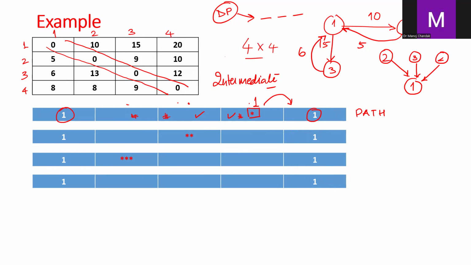Okay. And since I am using one of them, then once I say I am using one of them, I will have to find out what is the cost to travel from that particular selection to my destination. So suppose I select 2, then I will have to take 2 to 1. Suppose I select 3, then I'll have to take 3 to 1.